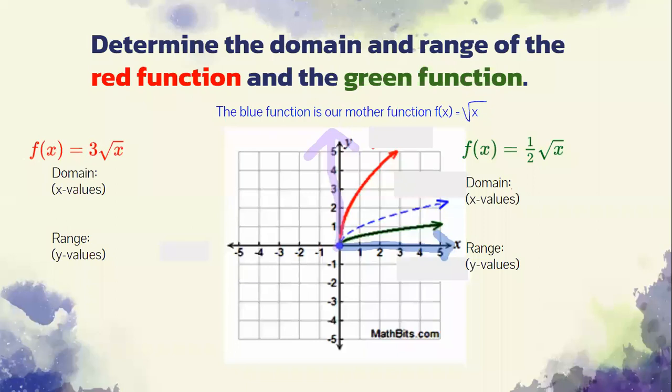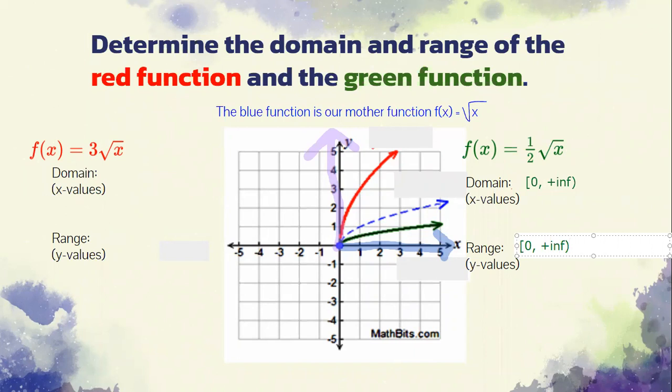So both the domain and range for 1/2 square root of x start from 0 and continue until positive infinity, because the x and the y values both start at 0 and go towards positive infinity.